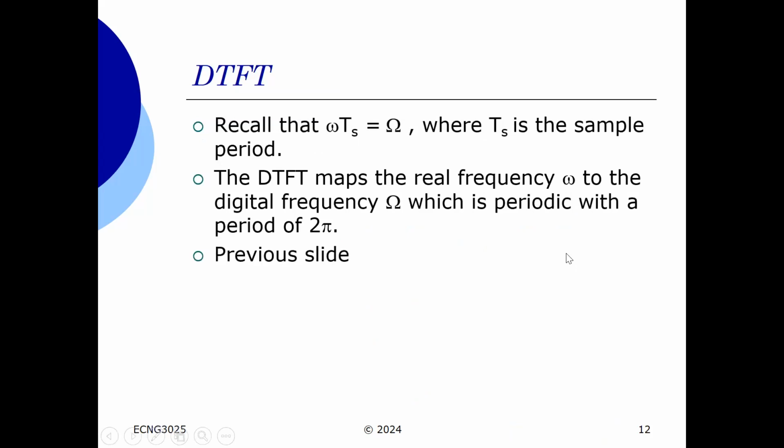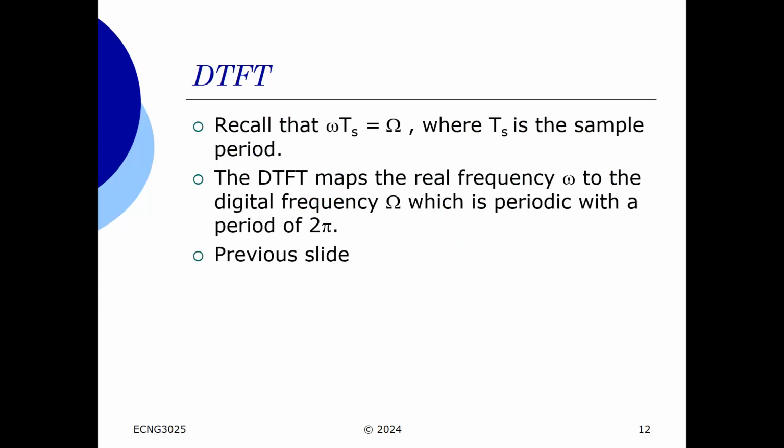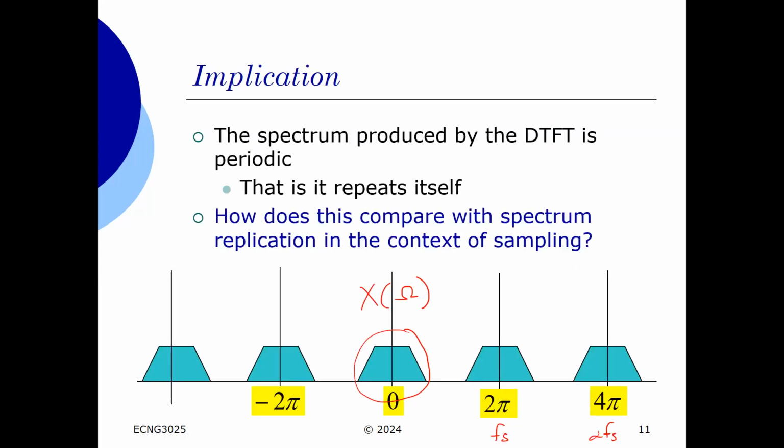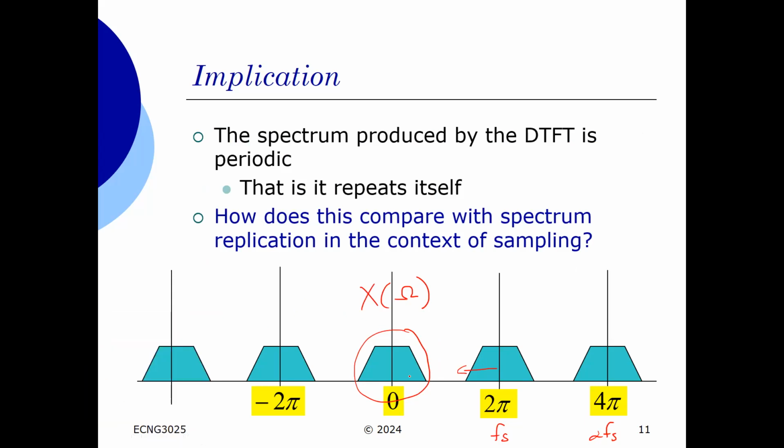Here's just what I just did. The mapping, everything that we saw about the Nyquist rate and so on: if Fs was to decrease, then this would move somewhere close here, and at some point you get this.